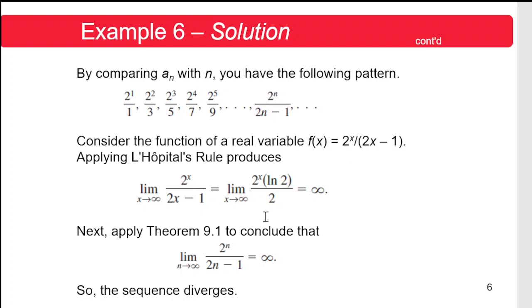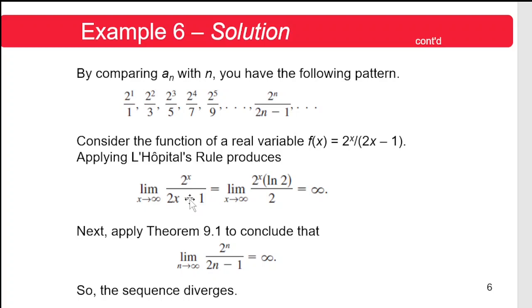So we rewrite this as the limit of 2 to the x over 2x minus 1 as x approaches positive infinity. Then we replace the variable x by infinity. So you have 2 raised to infinity over 2 times infinity minus 1, which is infinity. So the numerator and the denominator are both infinity. So you have infinity over infinity.